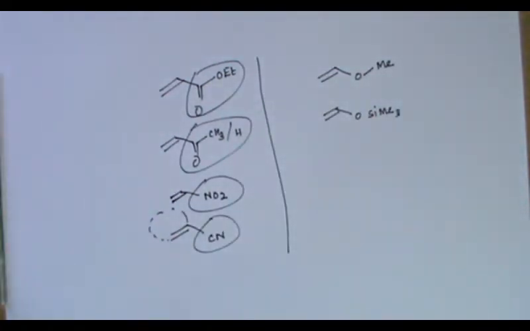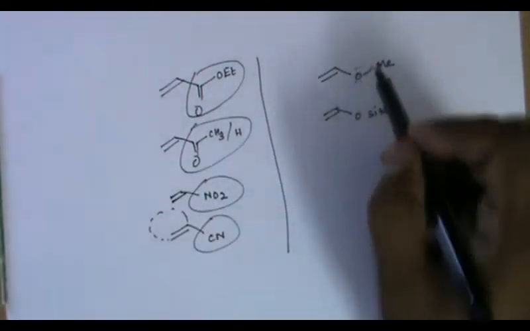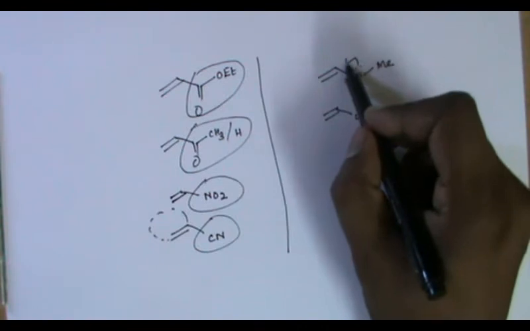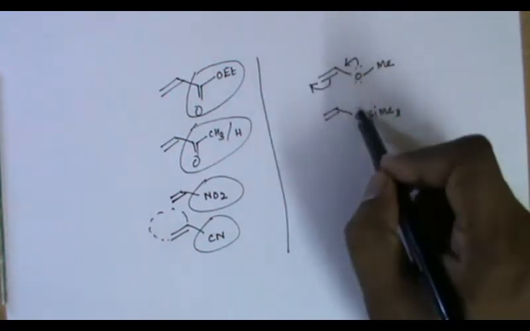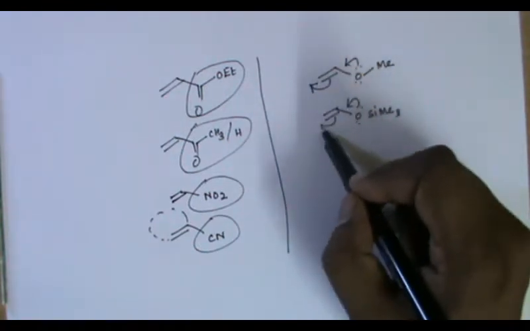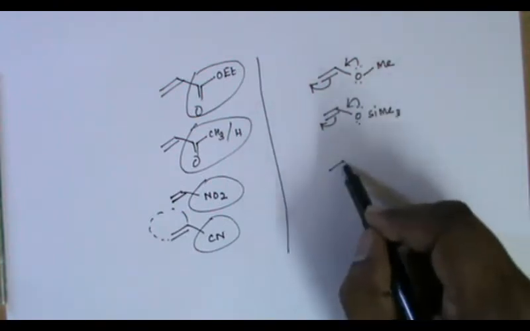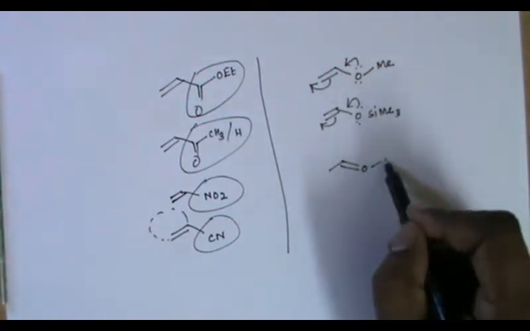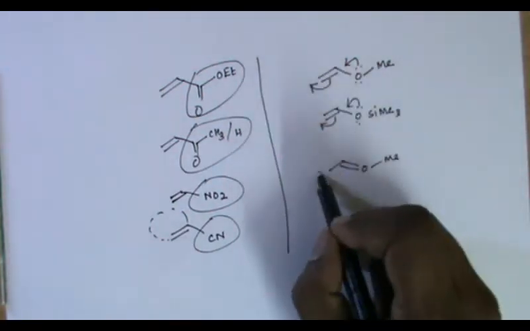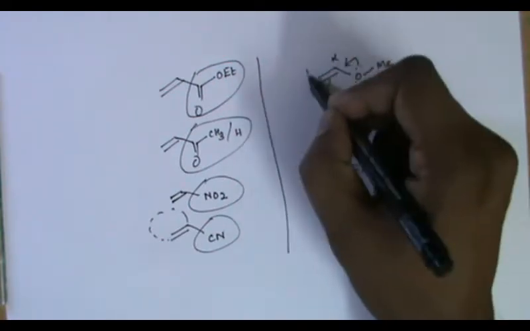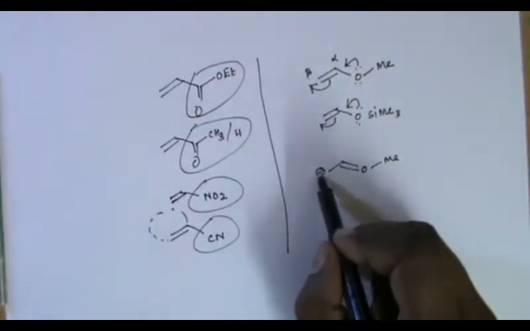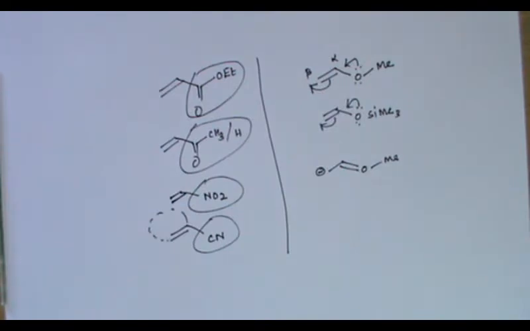The interesting thing between these two groups is that because of the lone pair of electrons, the electron density on this beta carbon has increased. Say this is alpha and beta. It is more on the beta carbon.